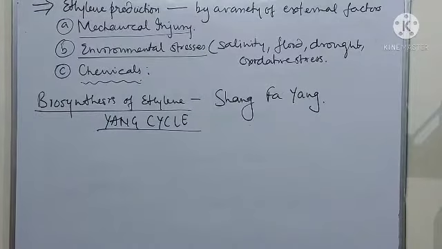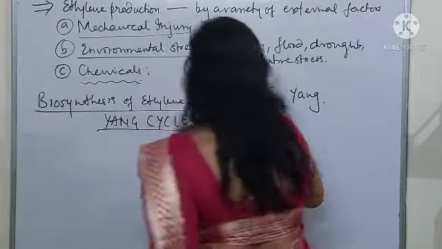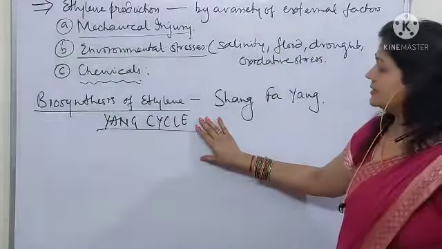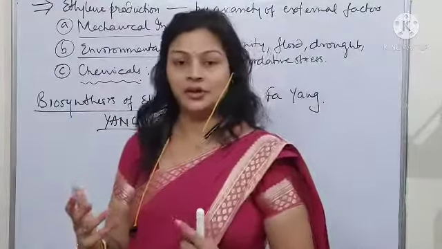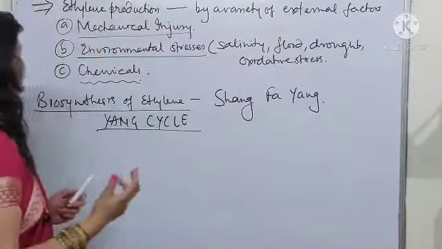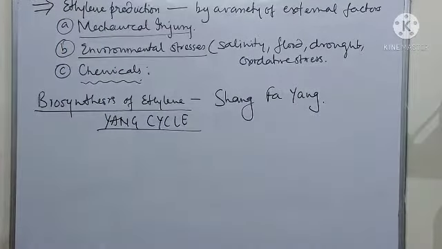So let us have a look on the biosynthesis of ethylene. So the Young cycle is started with methionine. Actually, methionine is the precursor of the ethylene.